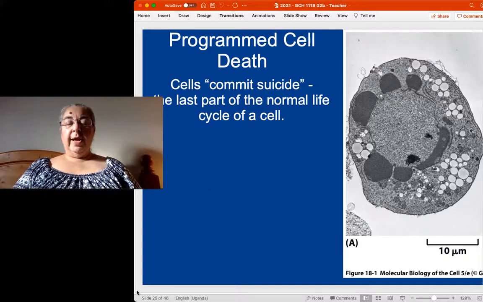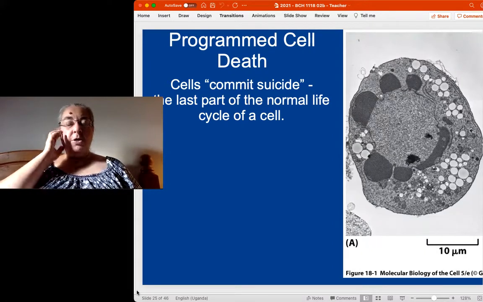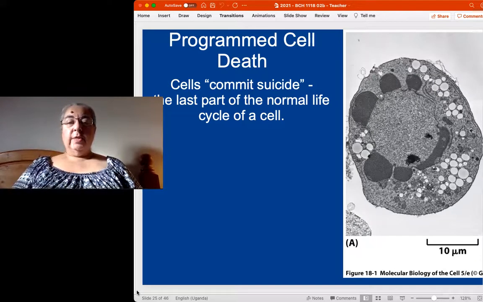It can be described as cells committing suicide, killing themselves. And it's the last part of the normal life cycle of a cell. It's what happens when a cell is no longer needed to carry out its function, or it's no longer able to carry out that function because it's old and worn out.